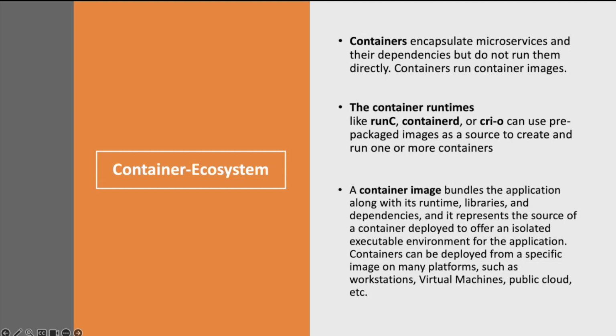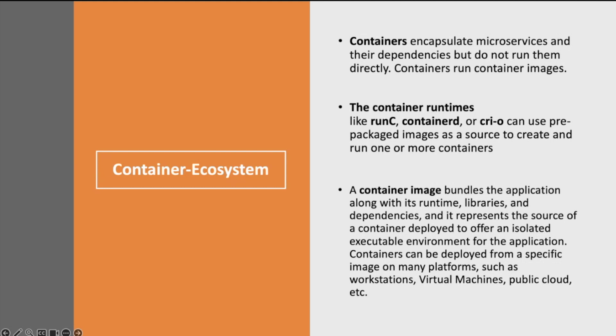And then a Docker image. A Docker image is basically the file system. It has your OS-specific file system plus the files for your microservices, the binaries and all.